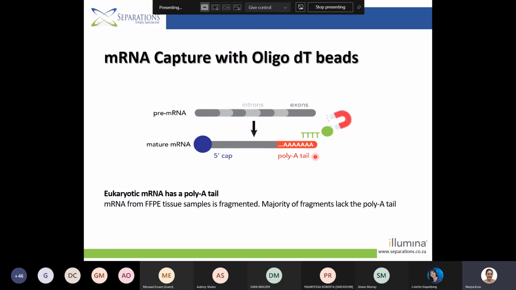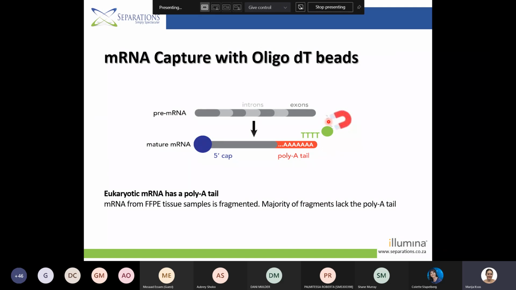And if we leverage this poly-A tail, and we have oligo-dT beads, so poly-T sequence that is bound to the magnetic bead, this poly-T will actually bind to that poly-A tail, and we can pull that mRNA with a magnet, right? But if we are working with FFPE samples, which are usually degraded, right?